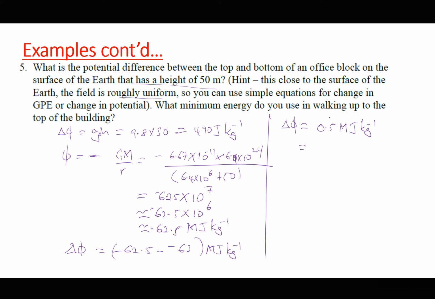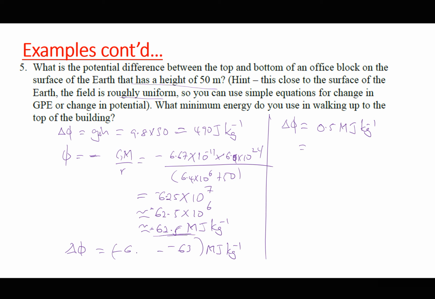I wanted to let you know that, let me just maintain the same number of significant figures here for uniformity, so that this will round off to approximately 63, and this will also round off to approximately 63.